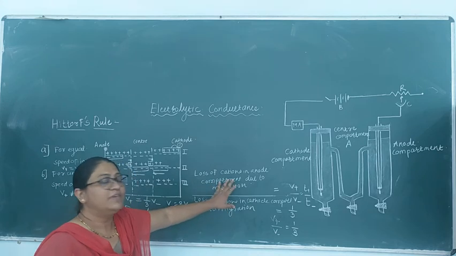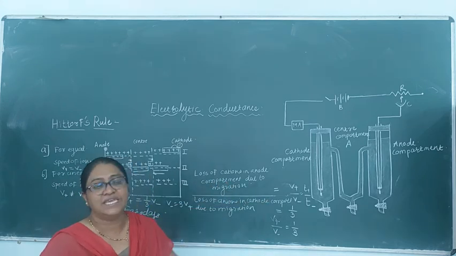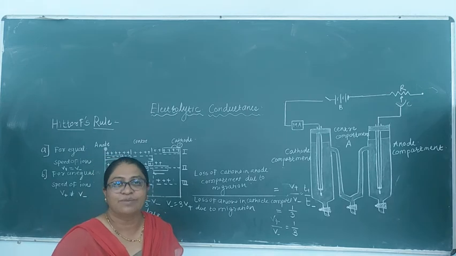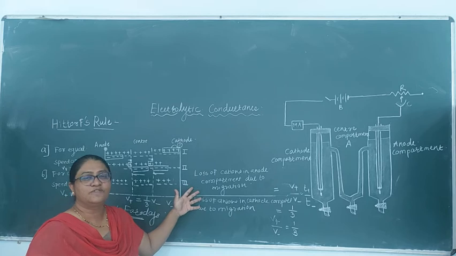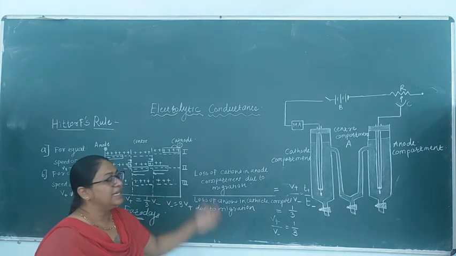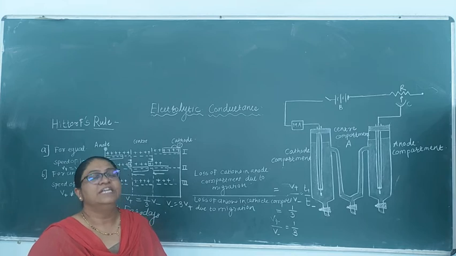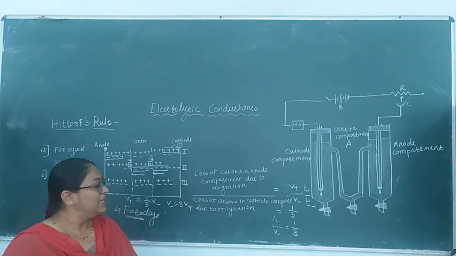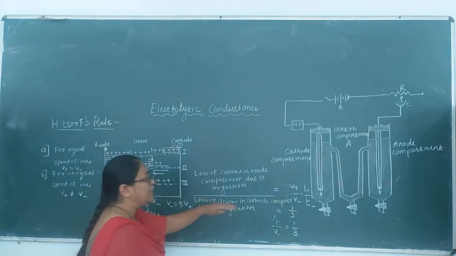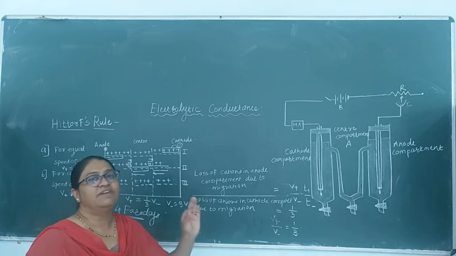From this rule we can calculate the transport numbers of the ion, and therefore we are going to see Hittorf's method to determine the transport numbers. I will again tell you the rule. This is the Hittorf's rule. The loss of the cations in the anode compartment due to migration divided by the loss of the anions due to migration in the cathode compartment is equal to V plus divided by V minus, which is equal to T plus divided by T minus.